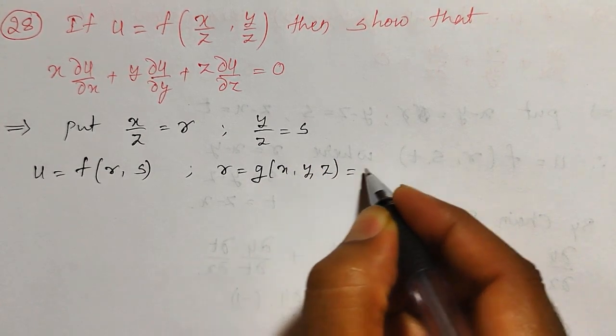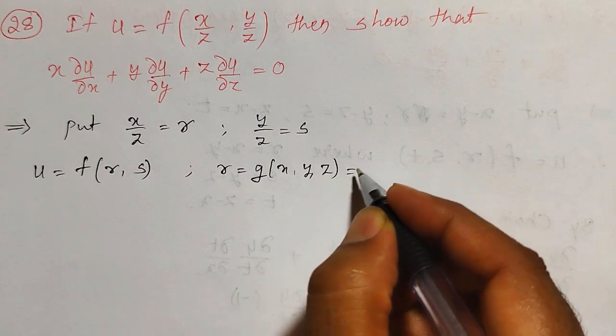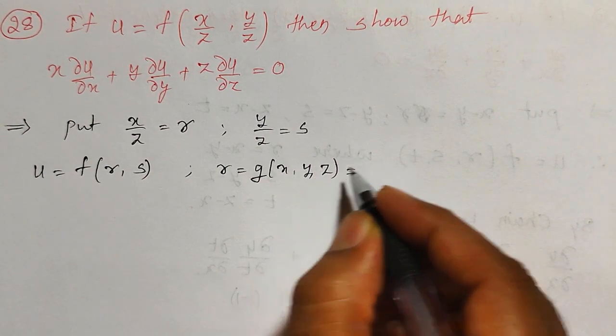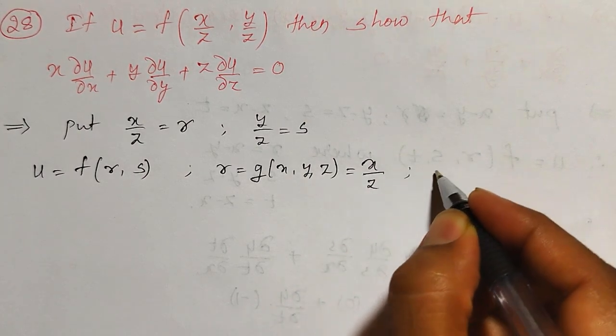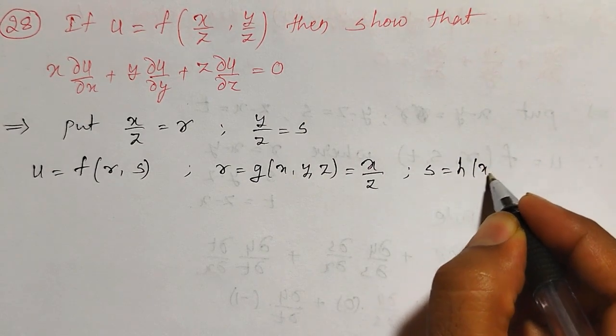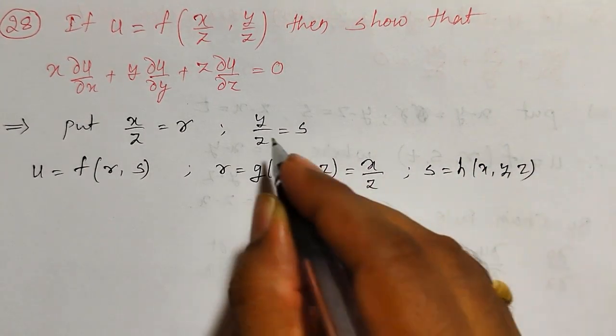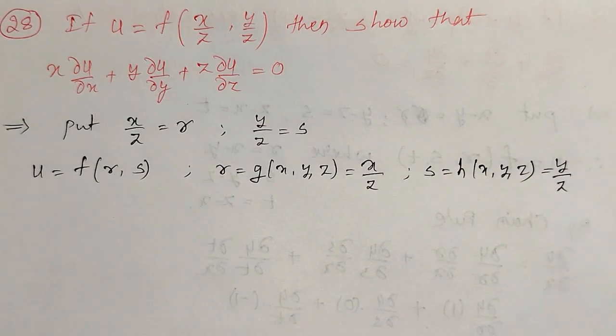As I know, y is not there, but I will consider it a function of three variables, and I can write it as x by z. And s is also a function of x, y, z. Anyhow, x is not present here, but I will take it as a function of three variables.